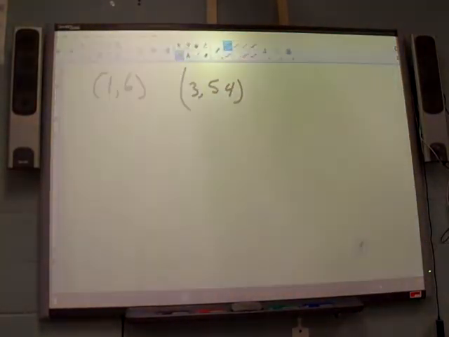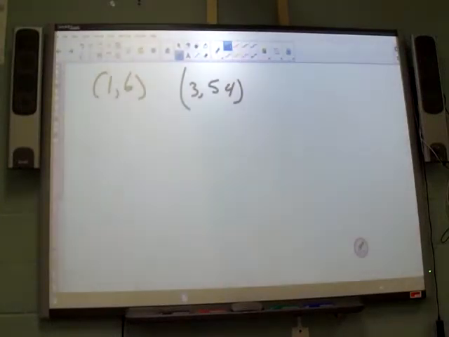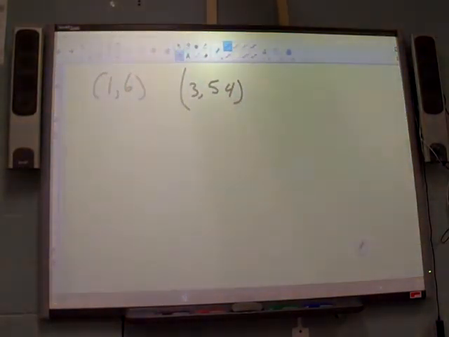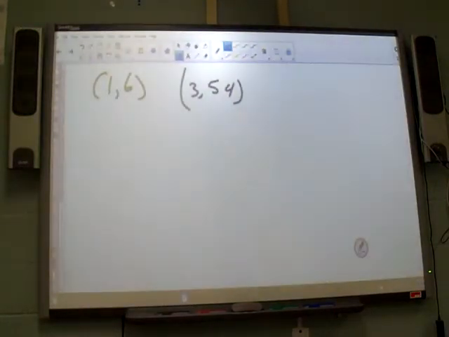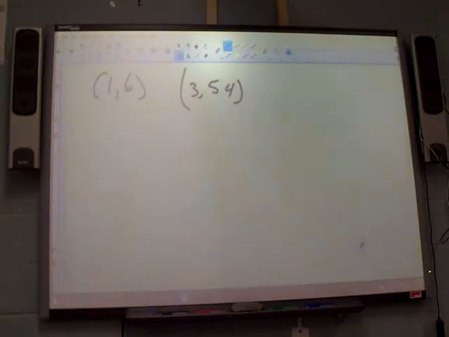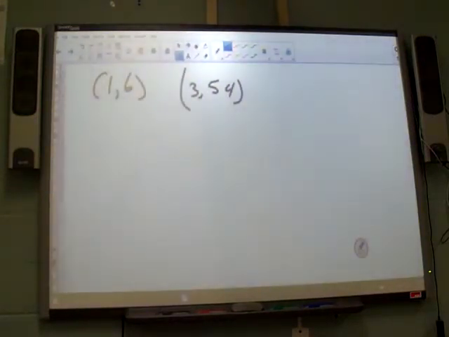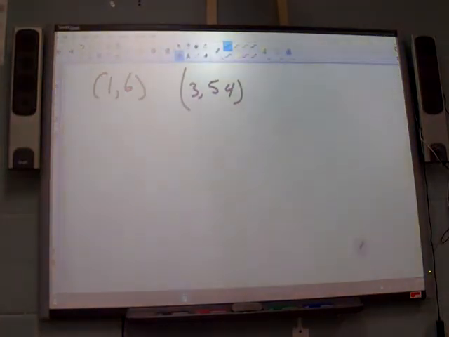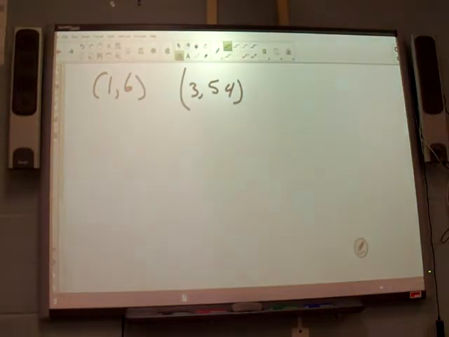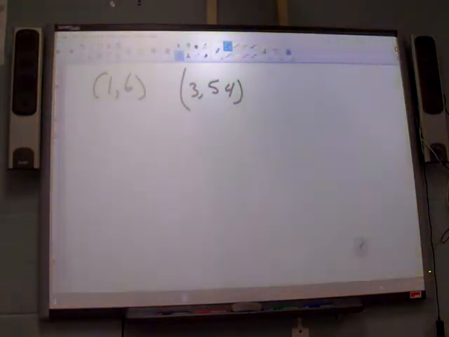If you just look at the 2 points I gave you and visualize what that would look like on a graph, over 1 up 6, over 3 up 54. So that's going up real high, real fast. So that would be an exponential growth. Remember, those graphs look something like that. So we've got to be able to use those 2 points and get the equation for that curve.